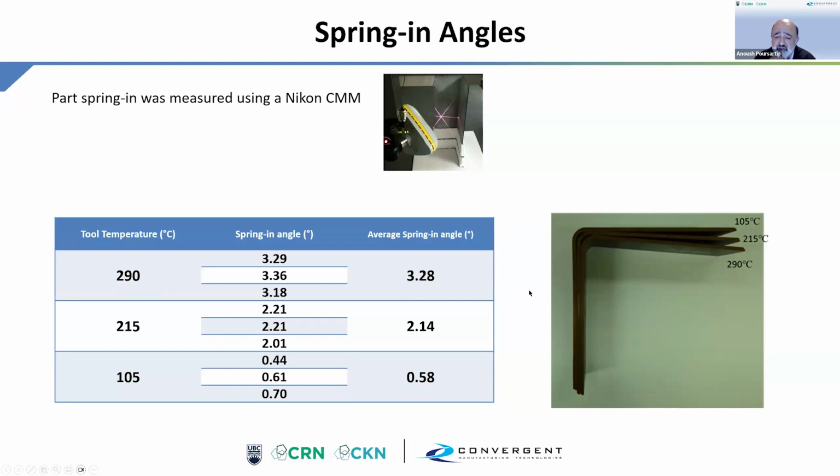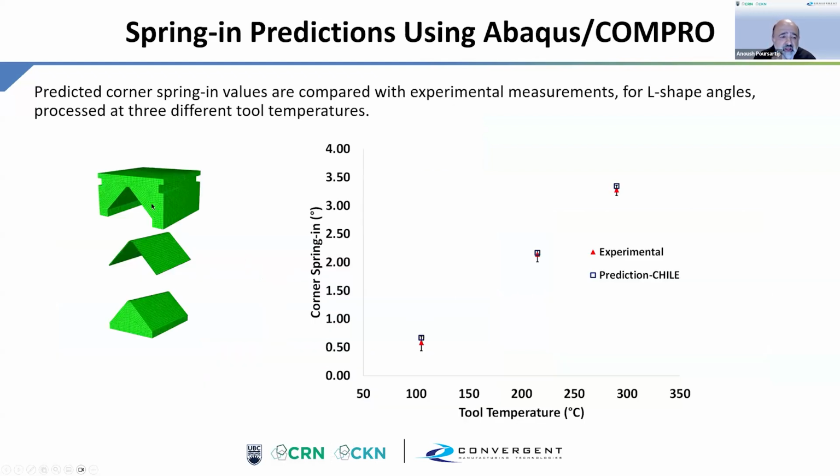So a huge difference. Well, if you create the FE model on the left, run it in Abaqus with the Compro extensions, which engages all the material models that I very quickly described to you, you time step through the process, and at every time step the model says, hey, what's the temperature distribution? Based on that, what's the crystallinity?